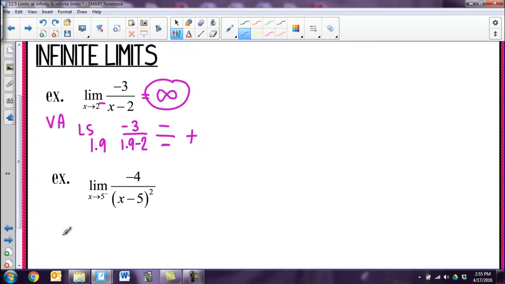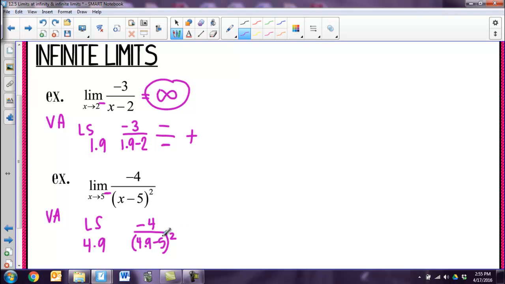So this last example down here, again, if I plug in 5, I find that I get negative 4 over 0 squared, or 0, so this is a vertical asymptote. It's going from a negative direction to the left side, so I think of a number that's to the left of 5. So a number to the left of 5 would be like 4.9. Try to plug it in. So I have negative 4 over 4.9 minus 5, quantity squared.